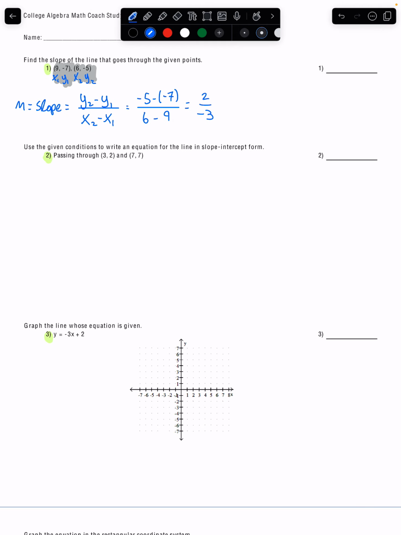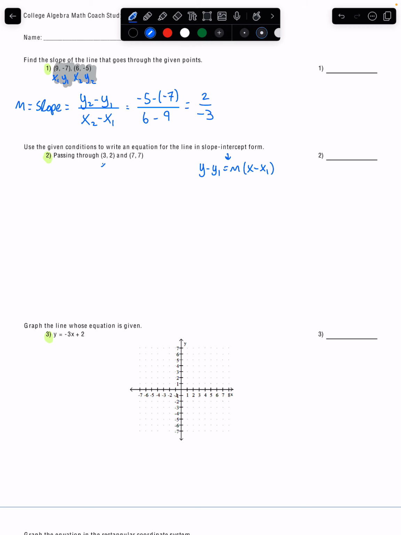Number 2, use the given conditions to write an equation for the line in slope-intercept form. So when it says slope-intercept form, it's thinking like this: y minus y sub 1 equals m times x minus x sub 1. So you'll see we have the m in there, so we're going to want to find the slope for our 2 points again.